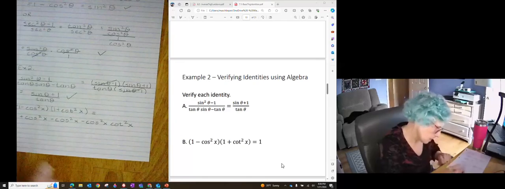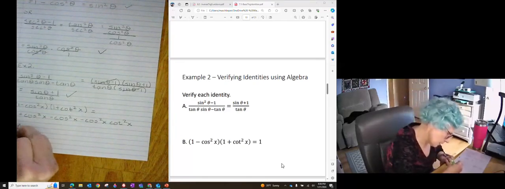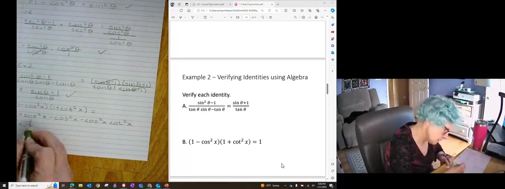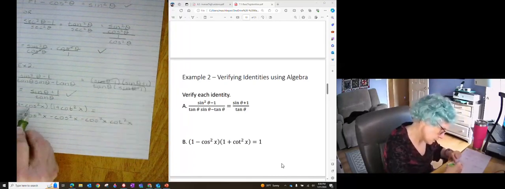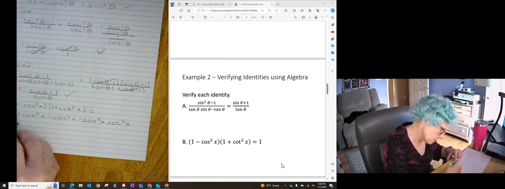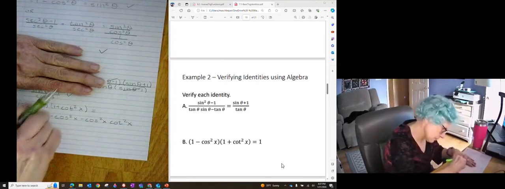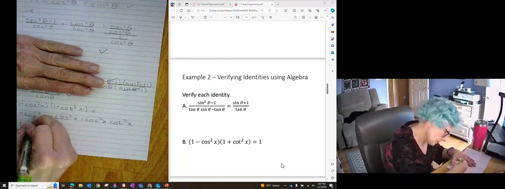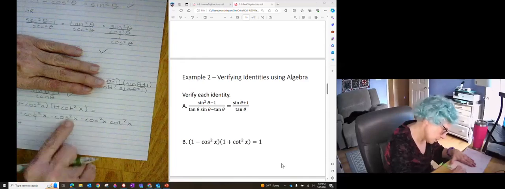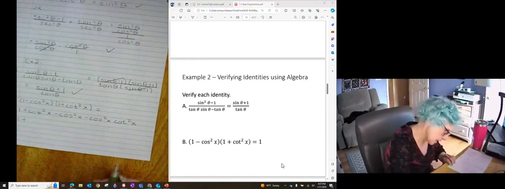Okay, so I have 1 plus cotangent squared. Yeah, positive is cotangent, negative is cosine.